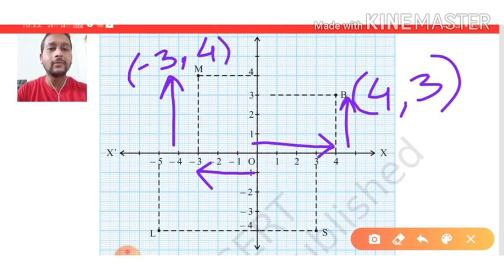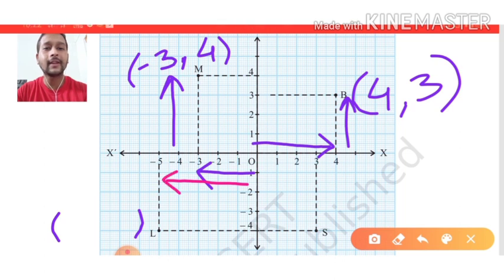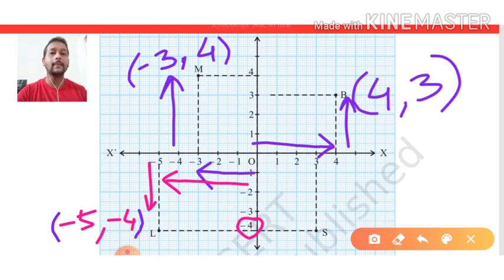Then L: L is on the left hand side, so at first you go on the x axis to minus 5, and then come below, a distance of minus 4, so it is (-5, -4).